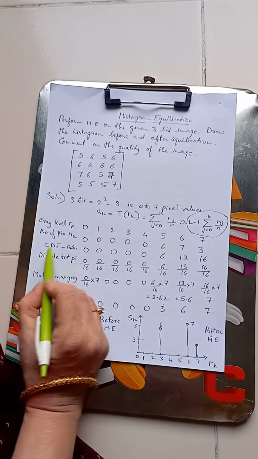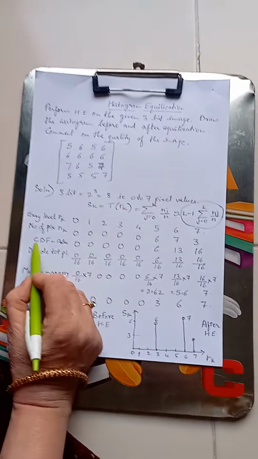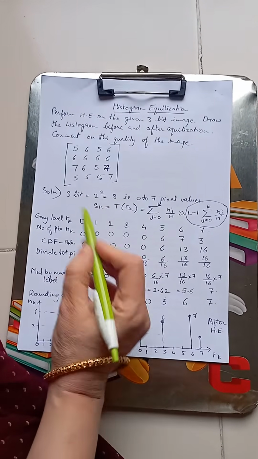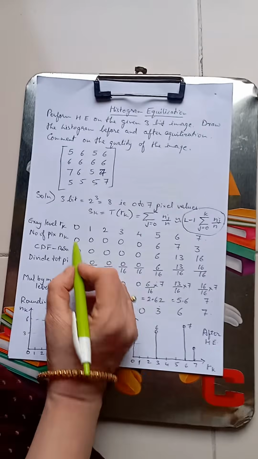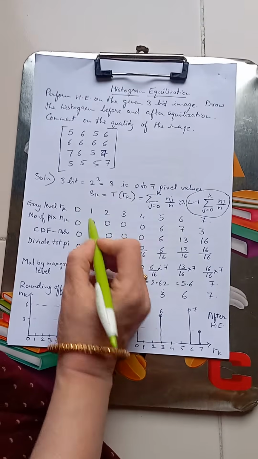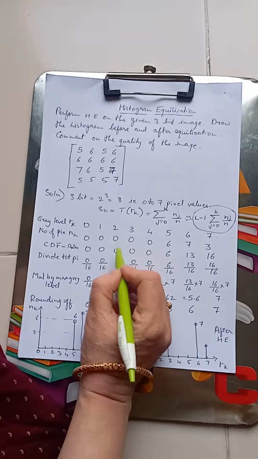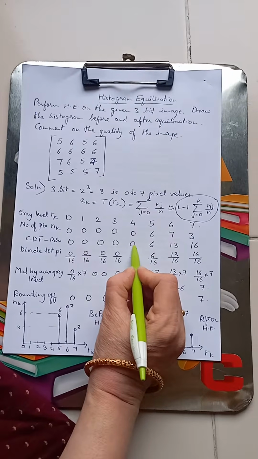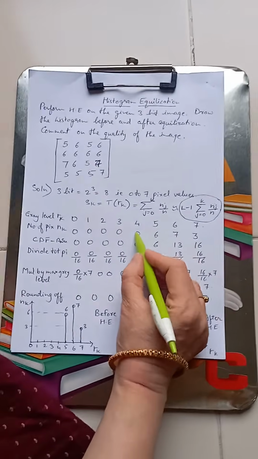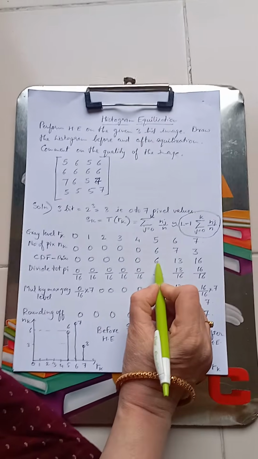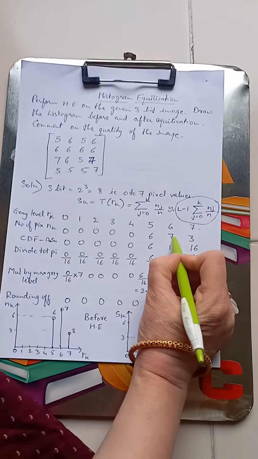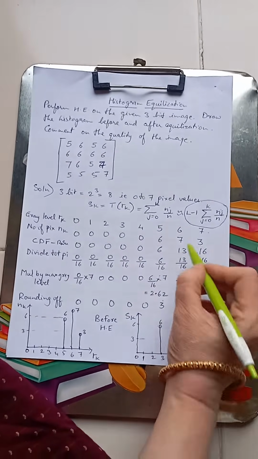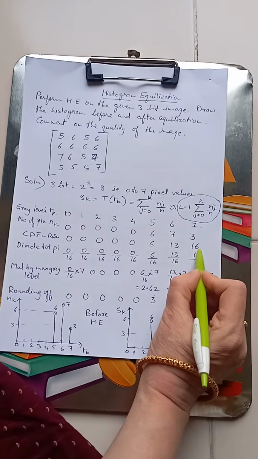The next step is to take the running sum, or the CDF. That means we take the cumulative sum. Up to this the values will be 0 only. 6 plus 0 is 6 only, 6 plus 7 is 13, that is the cumulative sum, and 13 plus 3 is 16.